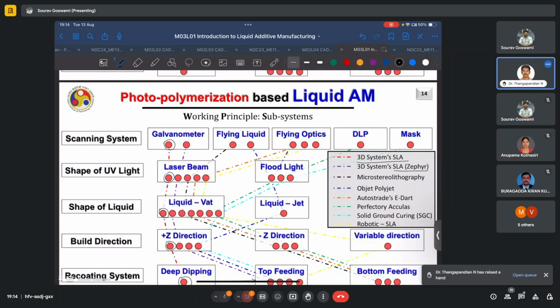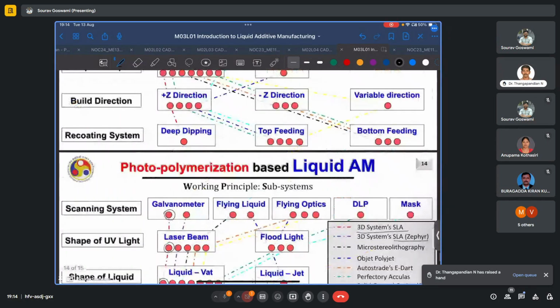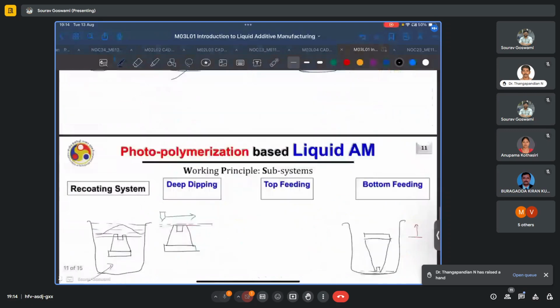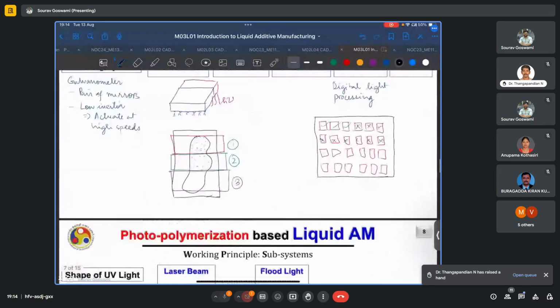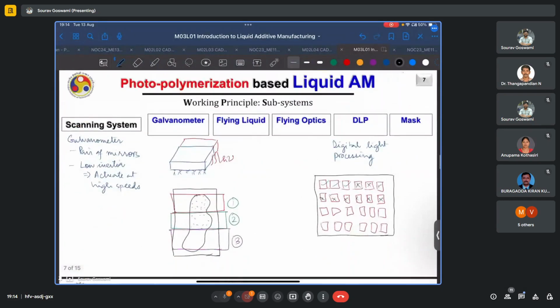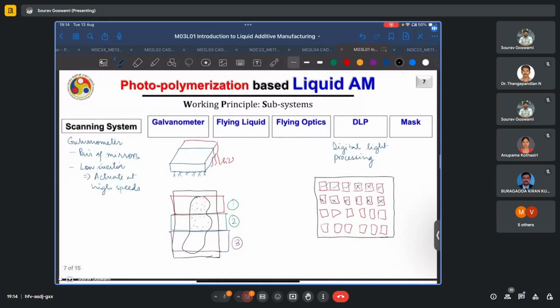Okay, the flying liquid we already discussed, so I'll show it again. So the flying liquid is what happens when you have this deposition head.